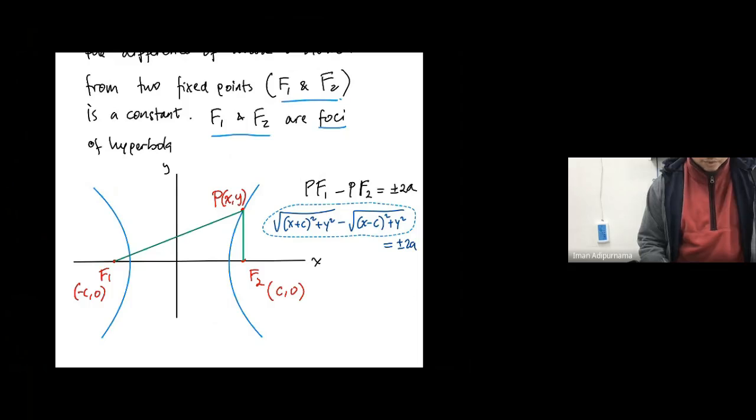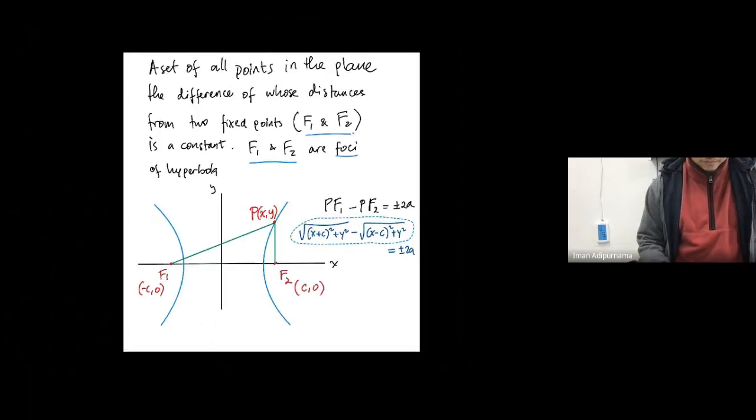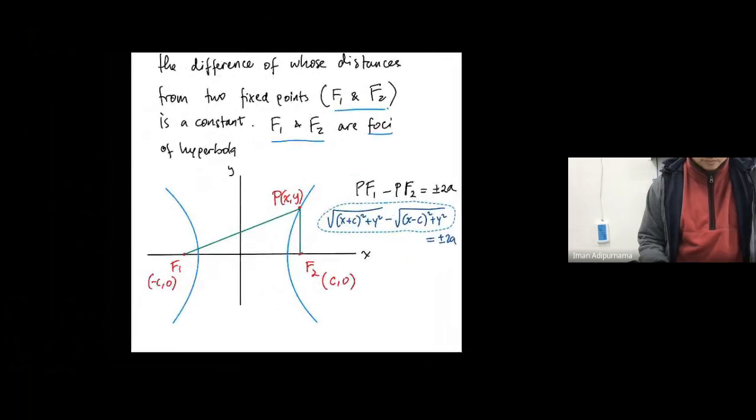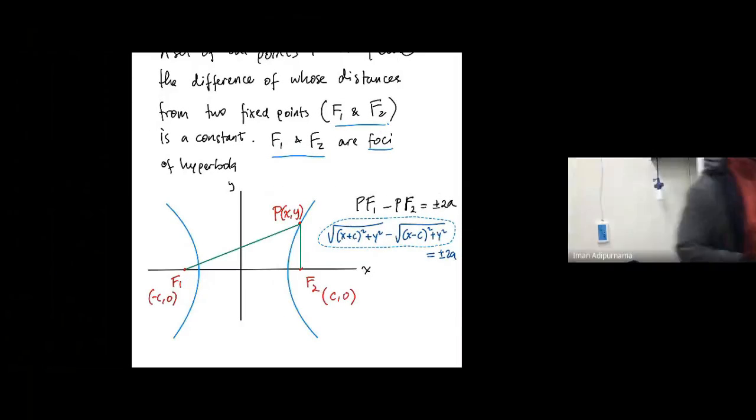Let me copy this to another slide. Okay, so the difference between the ellipse and hyperbola is this. In the ellipse, PF1 and PF2, if you add them, it's constant. But in the hyperbola, the constant will be up here when you are subtracting PF1 and PF2.